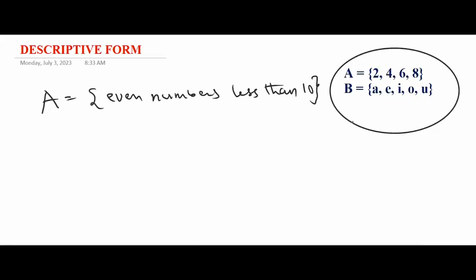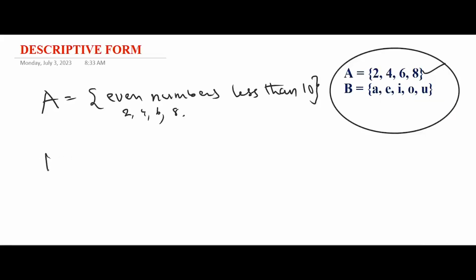So that will be the descriptive form of it. Set of even numbers less than 10, that is set A. In this case you still have 2, 4, 6, 8 here, which is the same thing as the listed form.